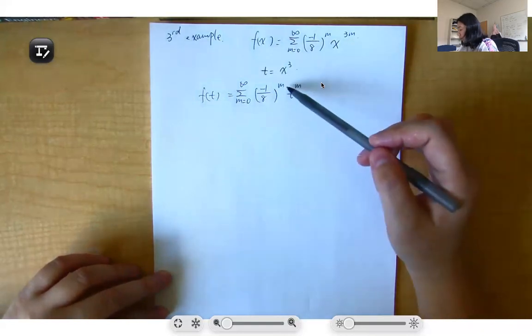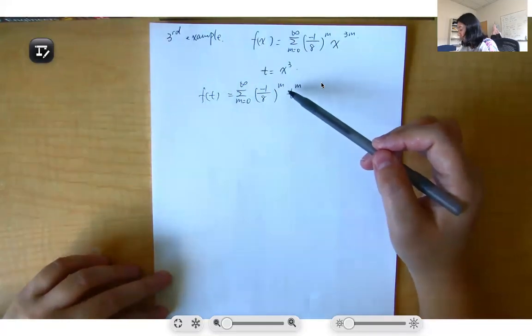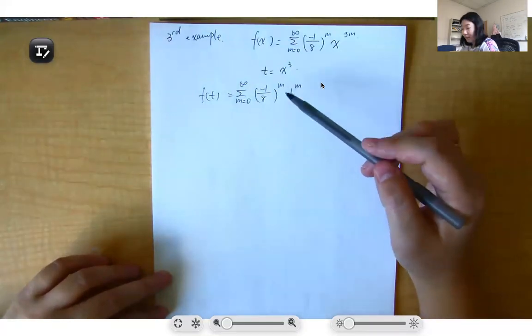And let's see, for the m plus 1 step compared to the m step, what is the radius?